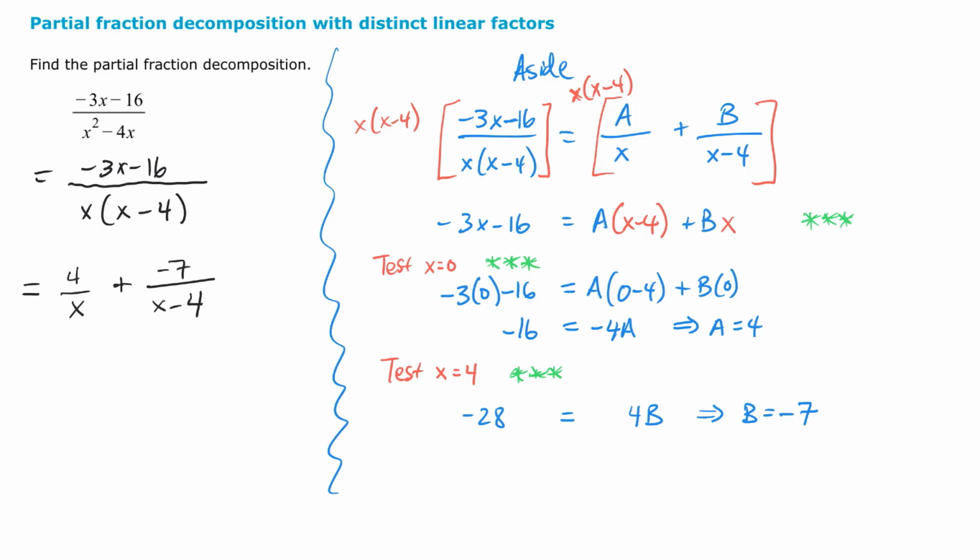And if you want to make this look a little bit nicer, you can even say 4 over x minus 7 over x minus 4. So you've broken up the original fraction, one big fraction, into the sum of two smaller fractions. And that's why we call this a partial fraction decomposition.